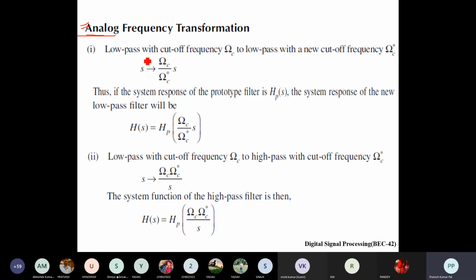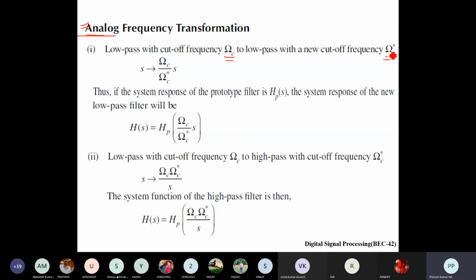Or there could be a possibility that a low pass filter is given with cutoff frequency omega c, and I want to change it to another low pass filter with a different cutoff frequency, omega c star.